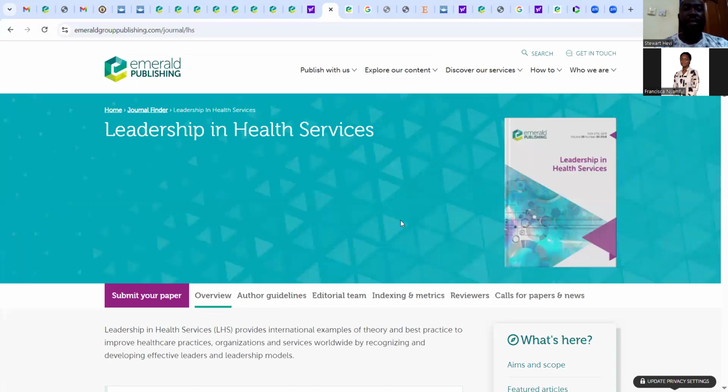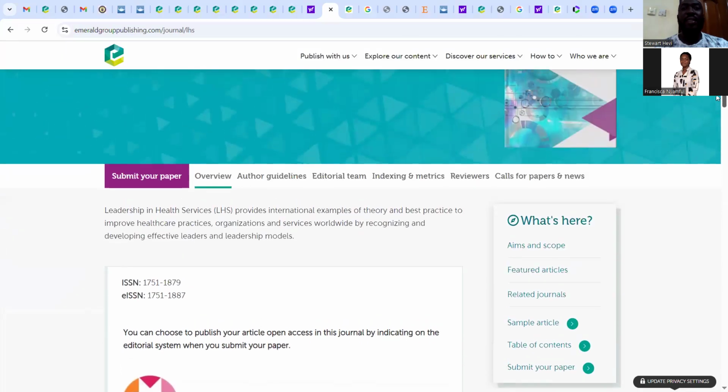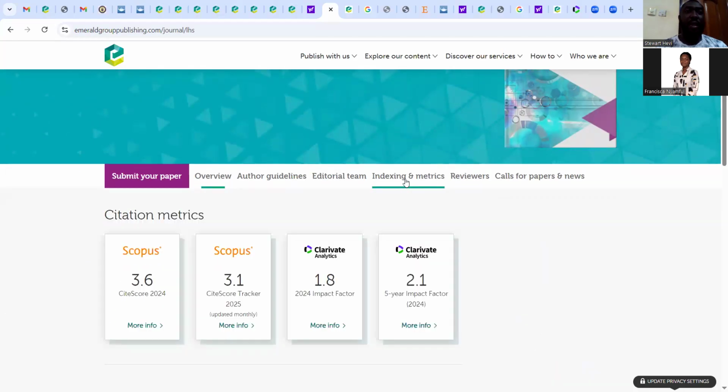The first thing we have to look out for is what we call indexing and metrics. Let me open that. This gives you an idea of the indexing of the journal. For journals, what is important is to know whether it is indexed in Scopus and Web of Science.